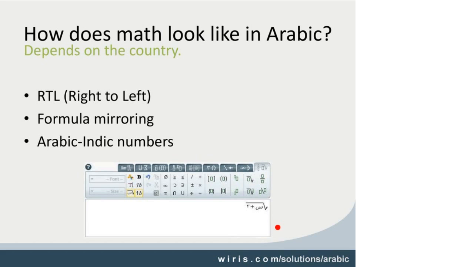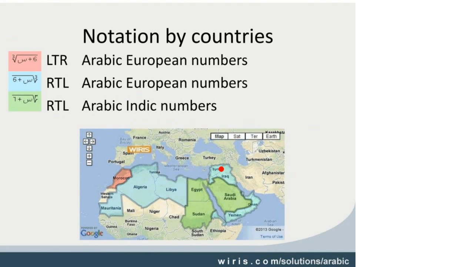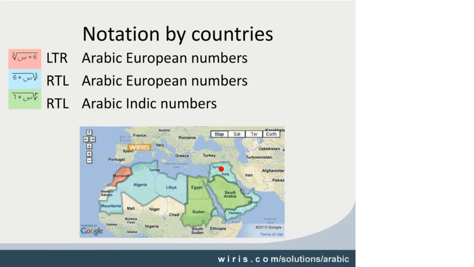As I was saying, the notation is by countries. That means that you can see in red Morocco.